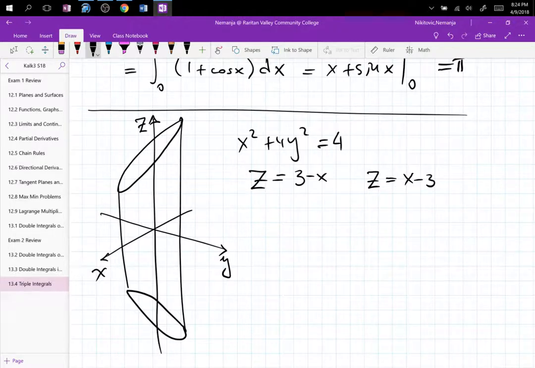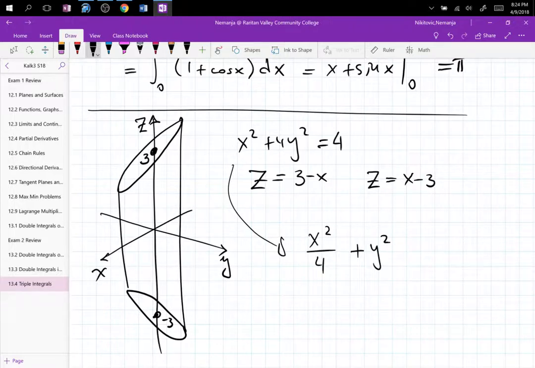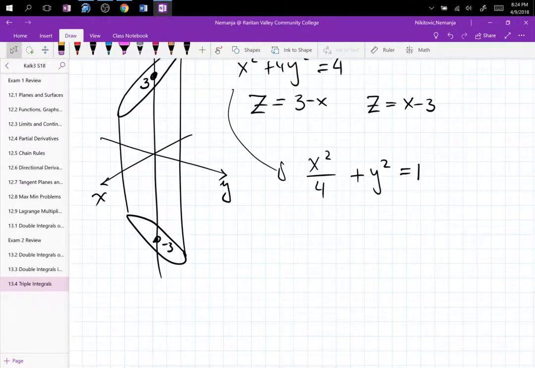Now you can clearly see the z-intercept. This better be 3 and this better be negative 3, and then it's clear which one is which, right? Now we have a domain, and in order for us to understand the domain we have to divide everywhere by 4, so x squared over 4 plus y squared equals 1, because this is what the ellipse is.